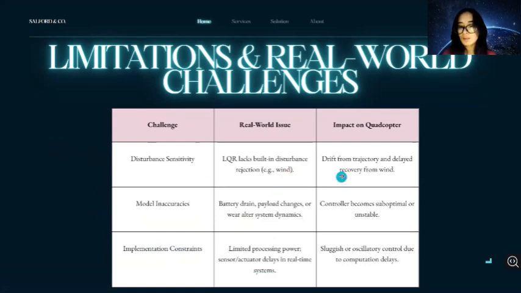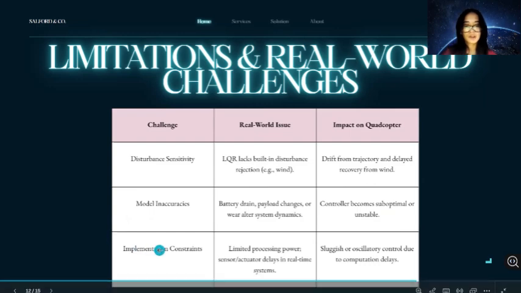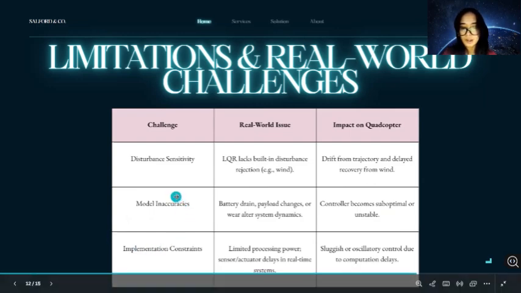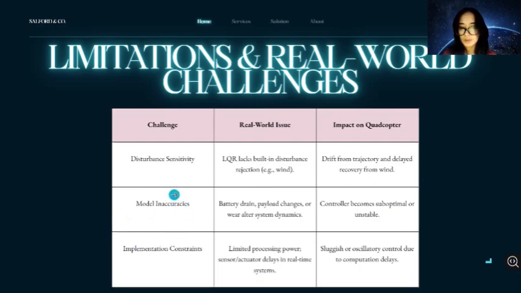The impact is trajectory deviation and delayed recovery from wind. Next is model inaccuracies. Battery drain, payload changes, or wear alter system dynamics, which can make the controller suboptimal or unstable. The final limitation is implementation constraints: limited processing power and sensor and actuator delays in real-time systems. The impact is sluggish or oscillatory control due to computation delays.